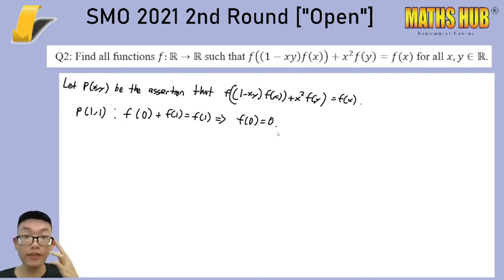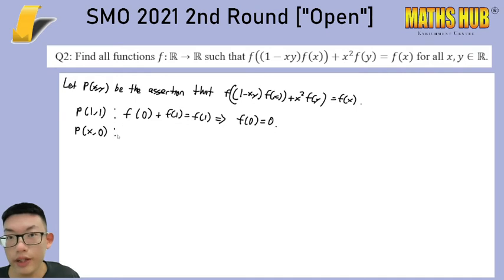Now since I know that f(0) is 0, it makes sense to substitute in 0 somewhere. If you try putting x equals to 0, the whole equation just becomes 0 equals to 0. It's going to vanish, so that's useless. But we can try putting in y equals to 0.